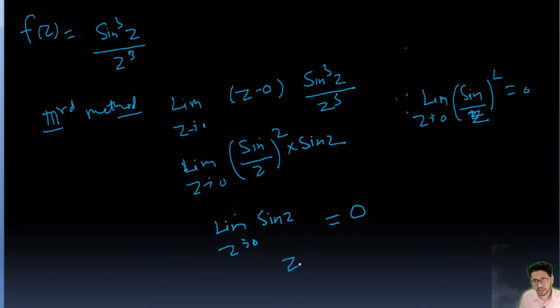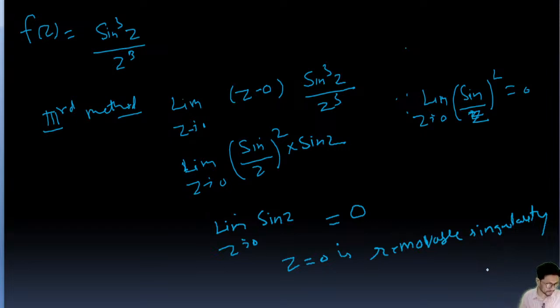It means z equal to 0 is a removable singularity. Okay, this is a removable singularity, guys. So we have made a mistake, and we have corrected it now. Other methods you can also use, and solve it.